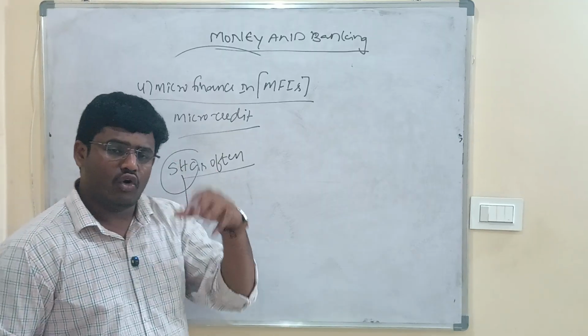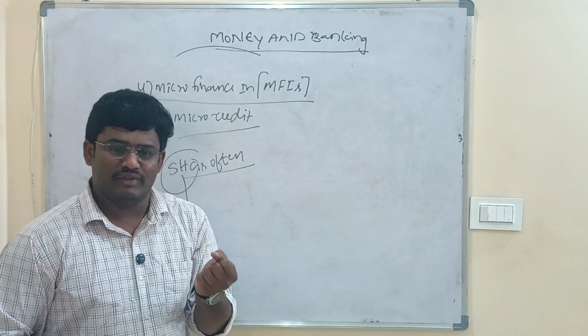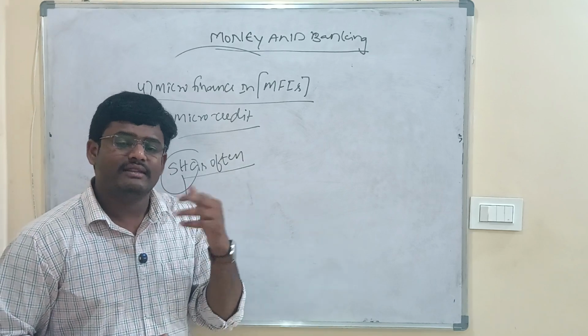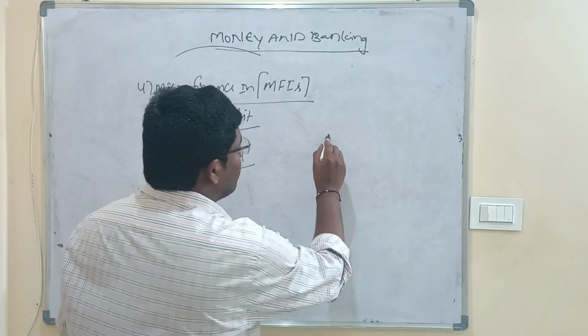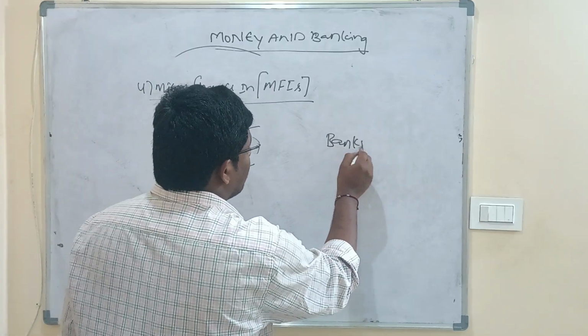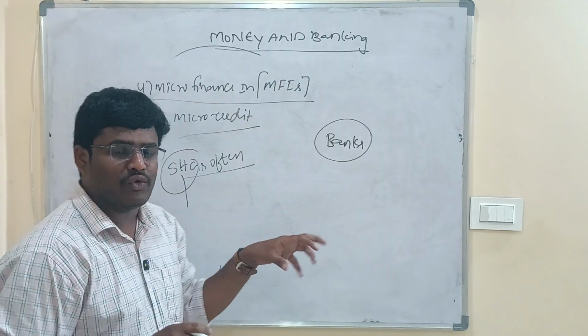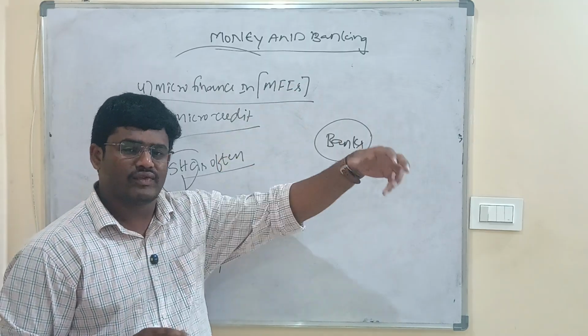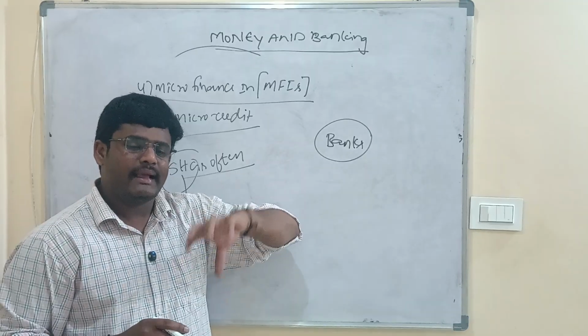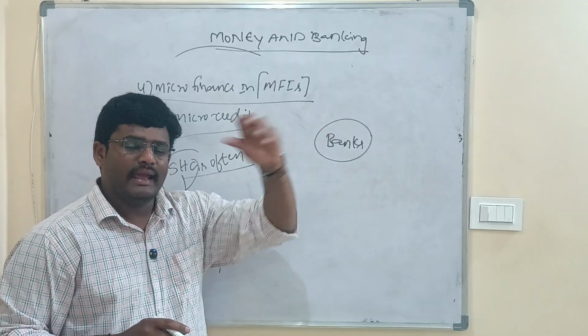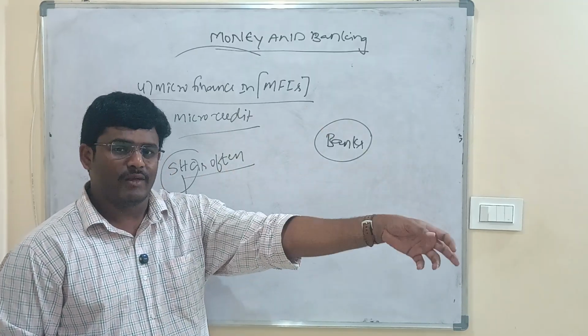Now, if you look at the four loan giving NBFCs which we have discussed, these loans are also provided by banks. But a single bank can provide all these types of loans: loans for buying assets, loans for infrastructure, loans to self-help groups.